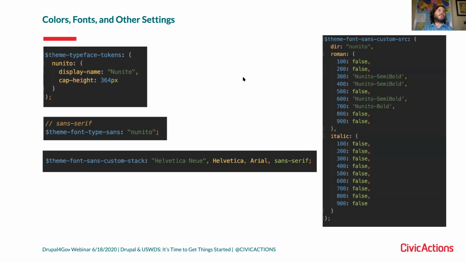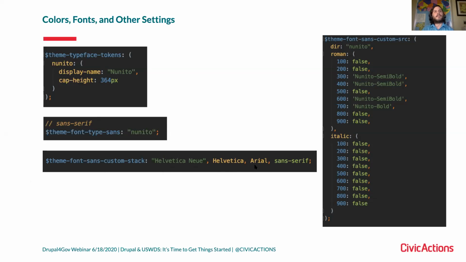There's several things we have to do. The first one is adding a token for our custom font. In my case, it's Nunito. The next thing that I did is I changed the system's sans serif font to be Nunito. That is the token here that I defined. I've also brought in a custom font stack because now the system doesn't know which font stack to use for my sans serif.